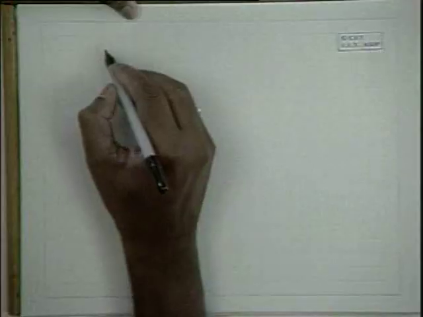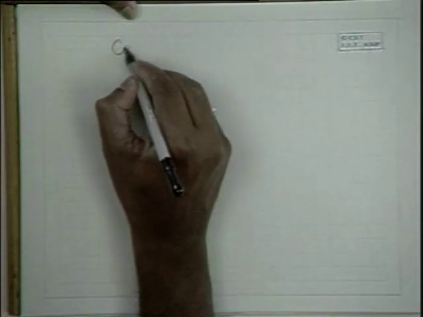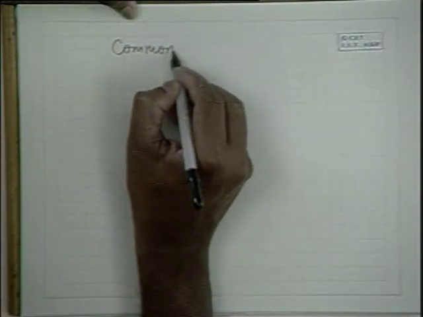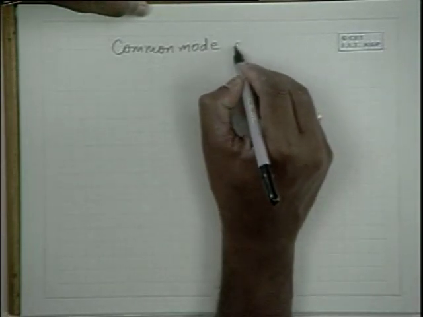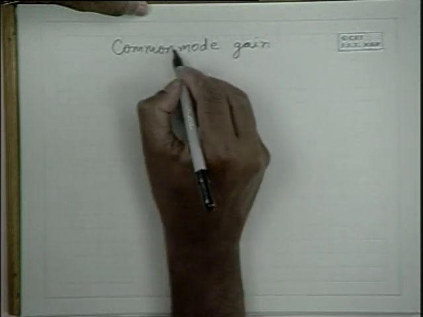And let us see in this particular practical circuit which is given to you, how much CMRR you can get. So in the process, we need to determine the common mode gain of the amplifier.